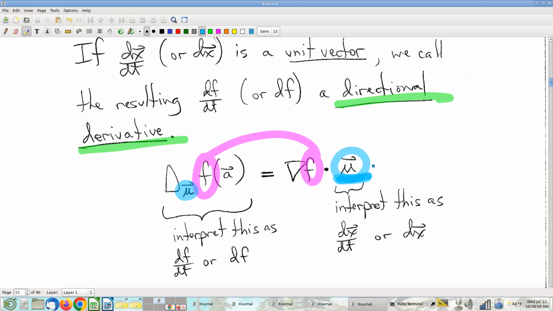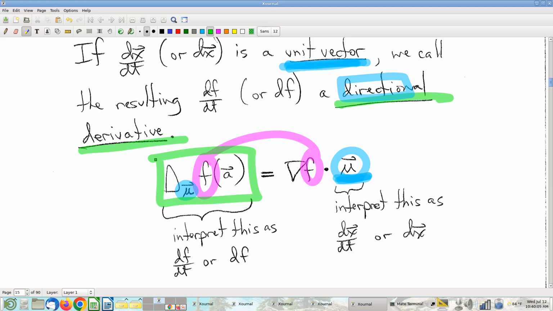Being a unit vector, u represents a direction, thus the term directional. The notation is arbitrary, but most books and contexts use something like this.